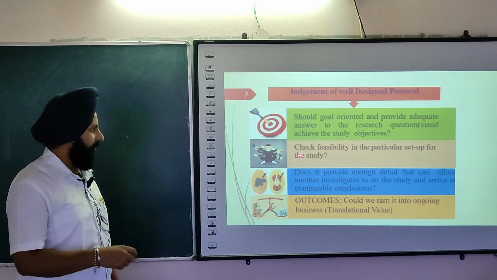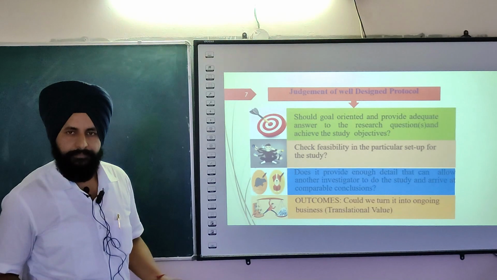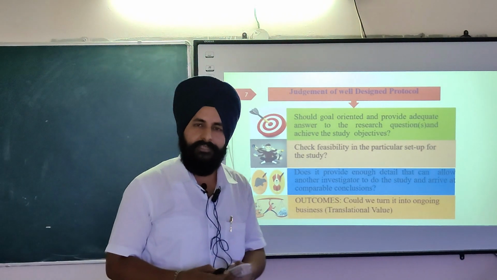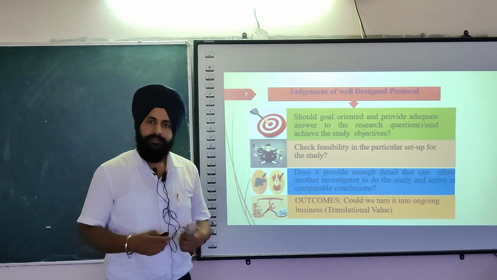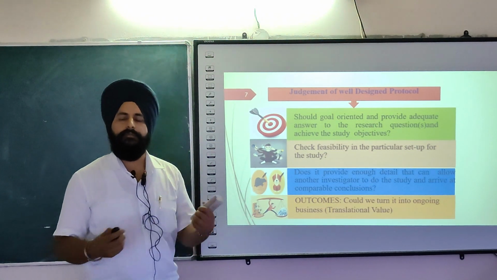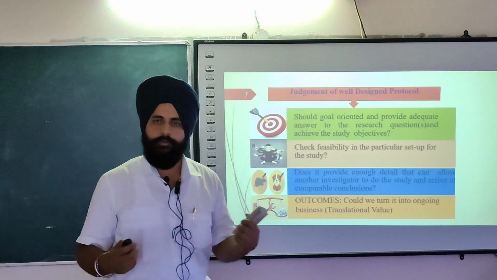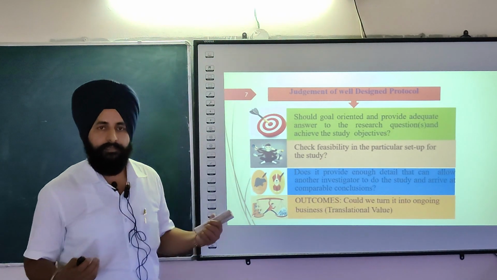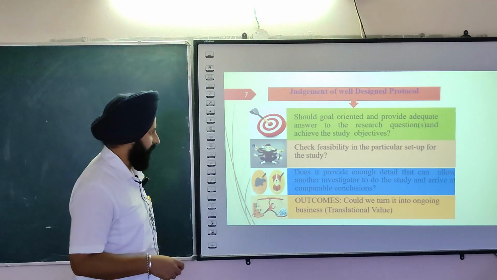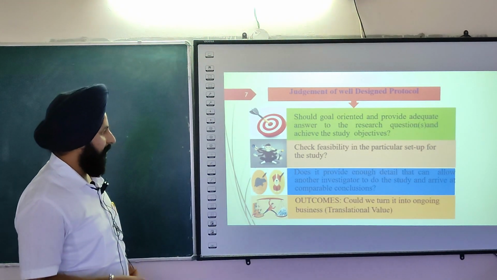The second very important thing is to check the feasibility, whether the research which you have designed is feasible at your institutional level or not. If it is not feasible, then you look for some other area or location where you can prove your objective or your hypothesis. Does it provide enough detail?